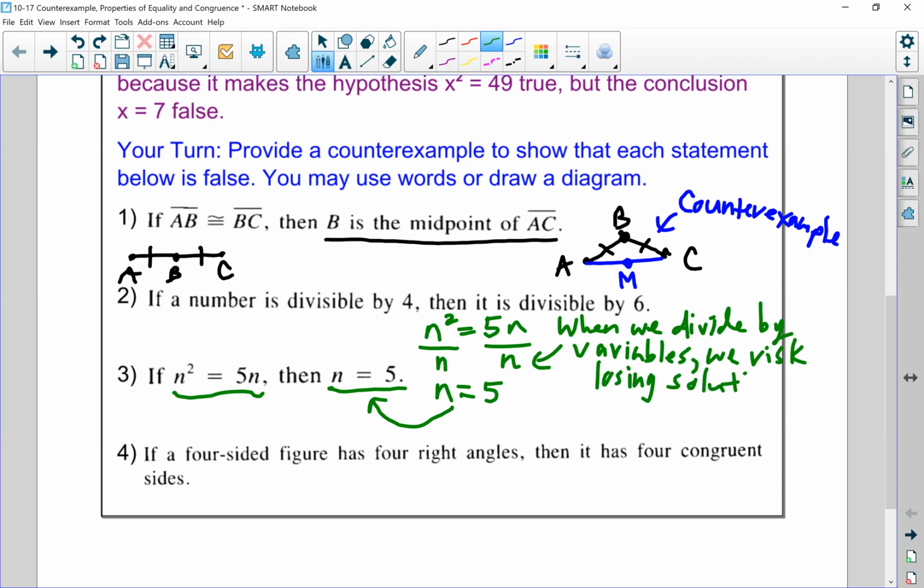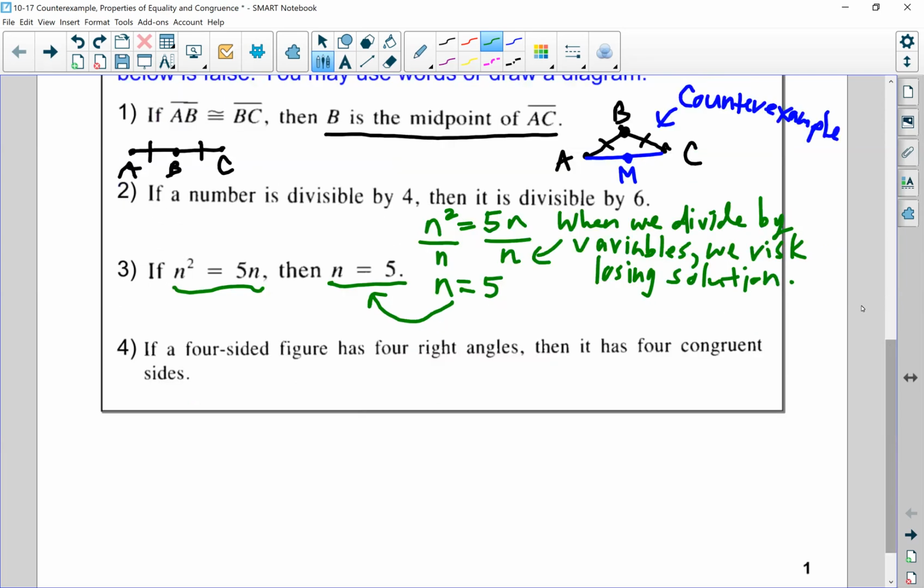So we lost a solution that would have been a good counterexample for this problem. So we should probably try something else. Dividing by n would hide the solution that we really want. Let's do it below. Copy the equation again. Instead of dividing by n, let's subtract 5n from both sides.